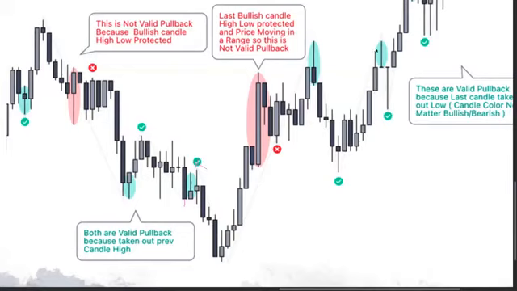And the same story is here. Pullback, break this low, go higher.